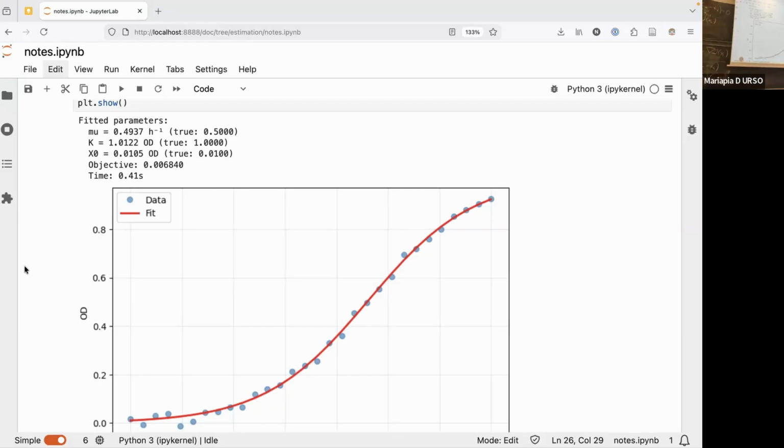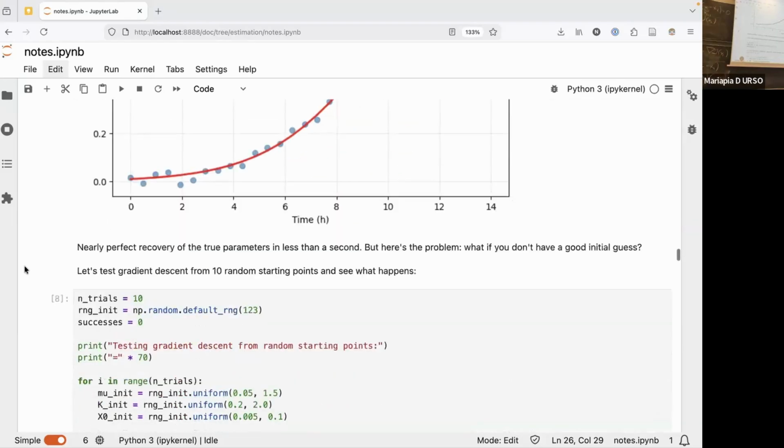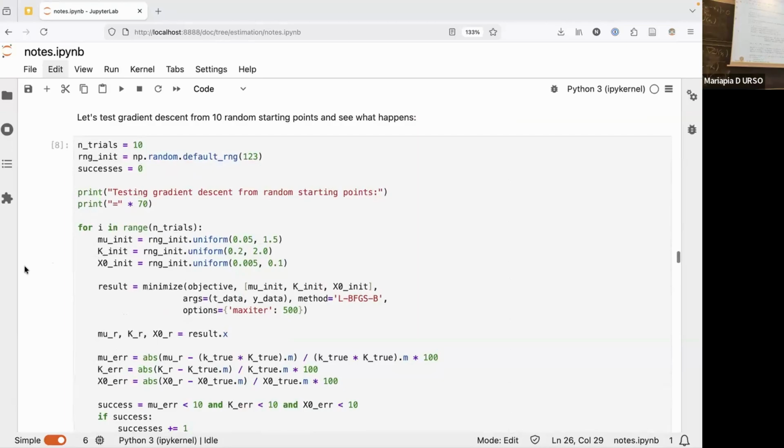But this, of course, was an easy case. Local methods can go wrong, and this is what we show in this next short snippet. Here we will do n trials. So n times we start the whole optimization algorithm again. And now we take different initial values for mu, k, and x0, taken uniformly between some bounds.